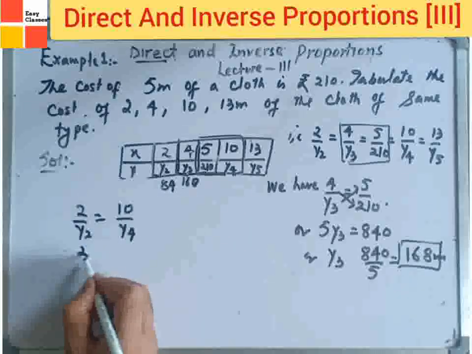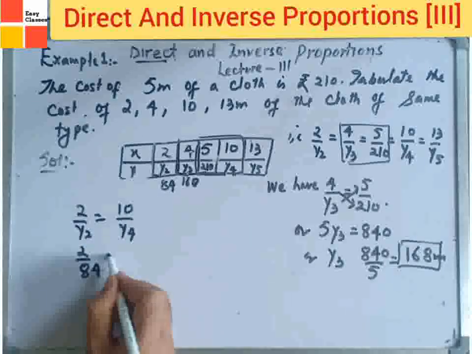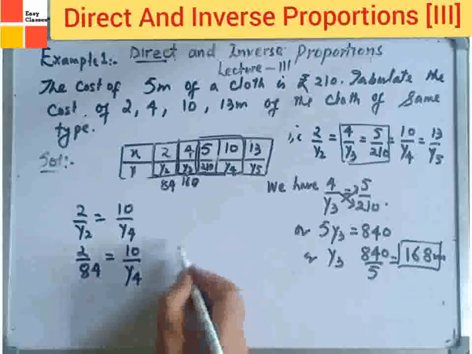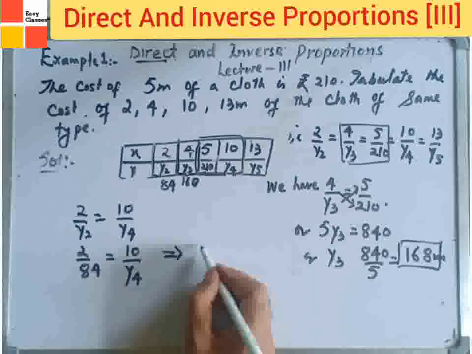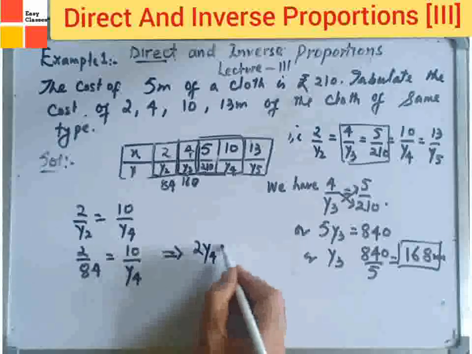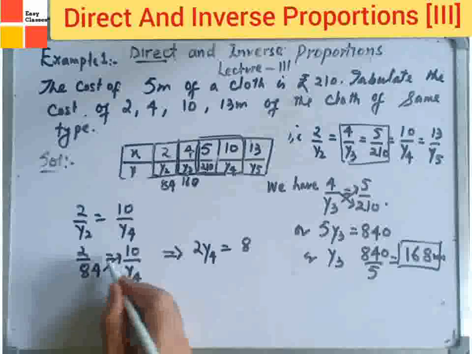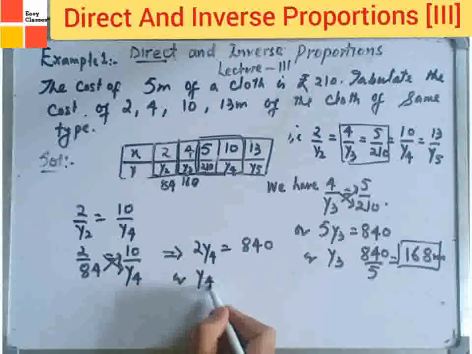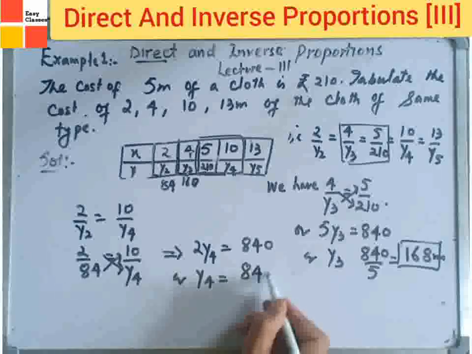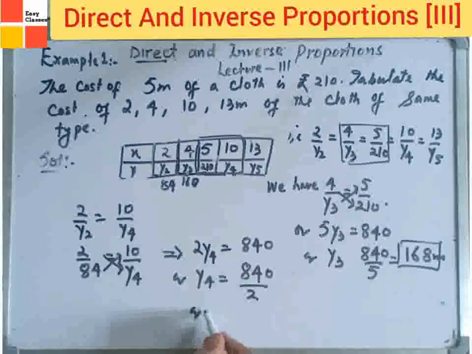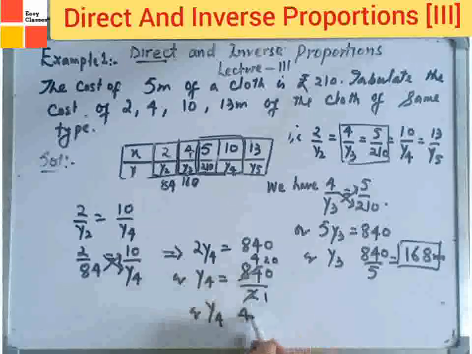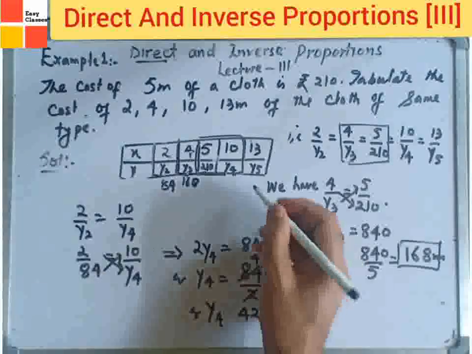You know y2 is equal to 84, which is equal to 10 divided by y4. So 2y4 is equal to 840, or y4 is equal to 840 divided by 2, 2 1s are 2, 2 4s are 8, 2 2s are 4, so 420.